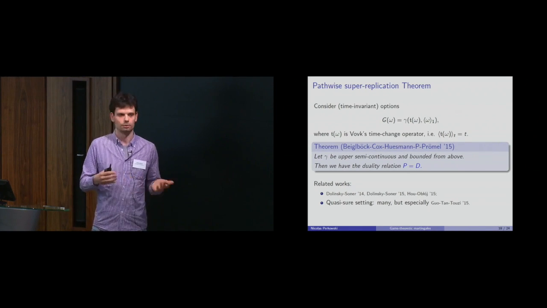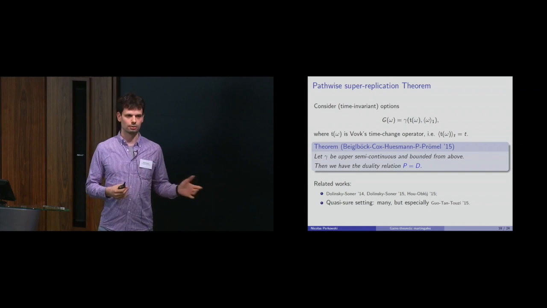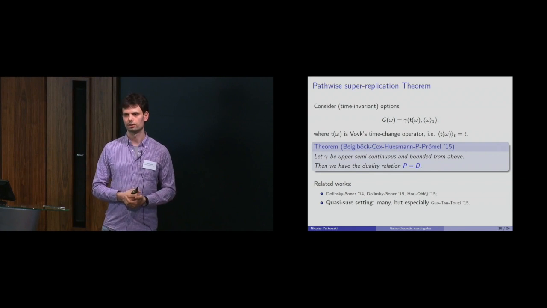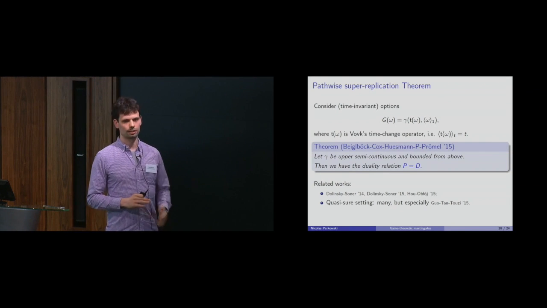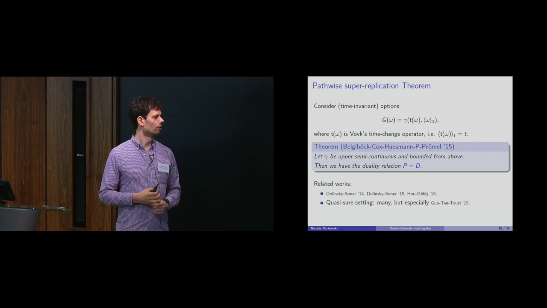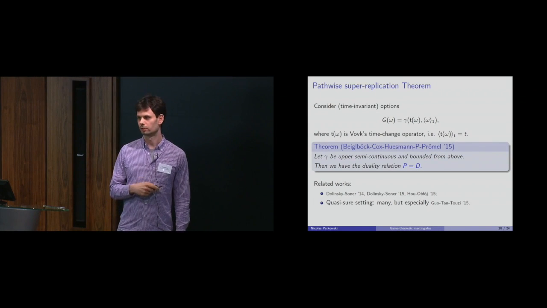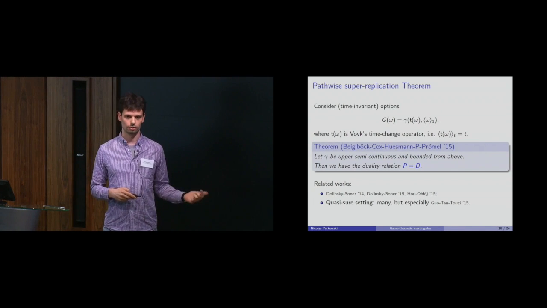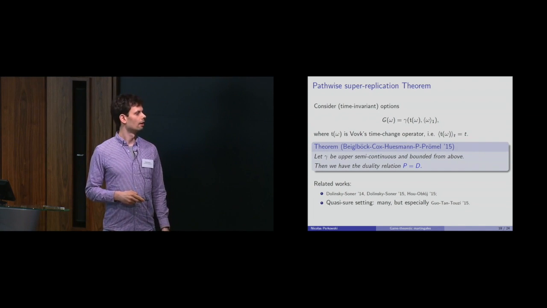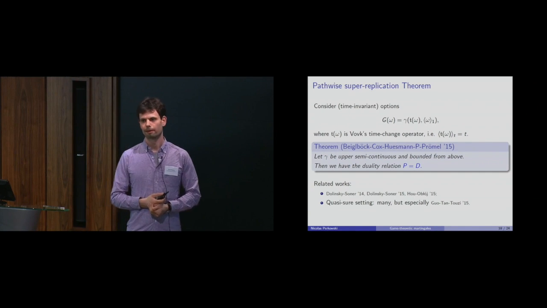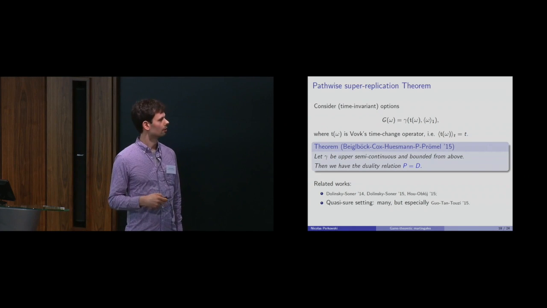In the end, it will come probably to the same results, but conceptually it's very different if you say I want to do it for all omega or quasi-surely under all martingale measures. But in this quasi-sure setting, there's a whole bunch of literature, which I won't list all, and I don't know very well, but there's one paper which is very, very similar to this one, where basically the same result was derived in a quasi-sure setting rather than model-free by Guo, Tan and Touzi at the same time. I think the papers were on the arXiv within a few weeks of each other.